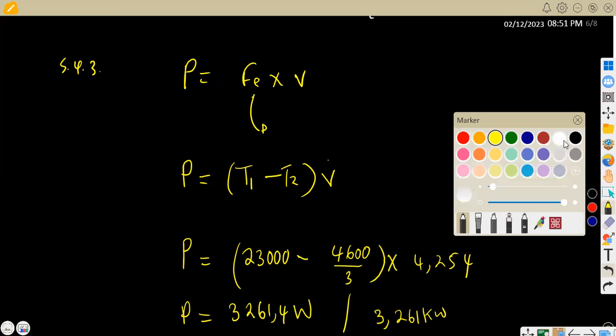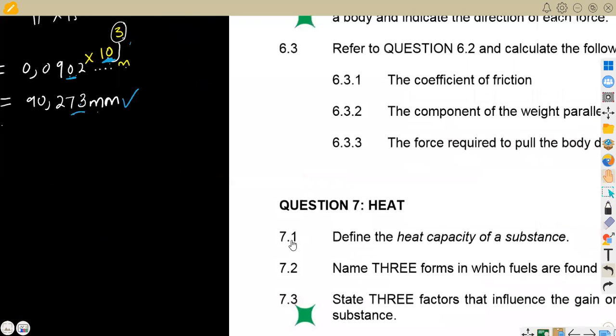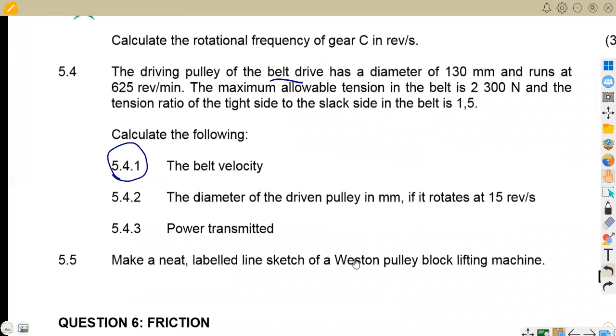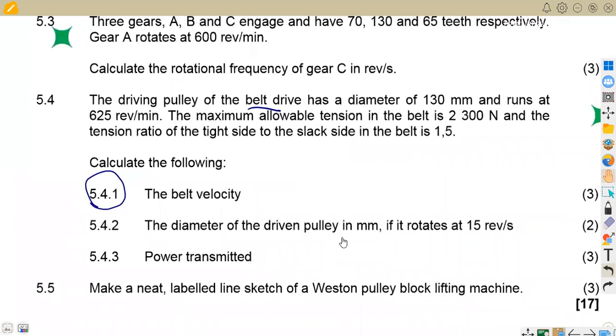So to convert to kilowatts, you multiply by the inverse, which is 10 to the exponent of -3. Your answer is going to be in kilowatts, or you can just leave it like that. If there is an instruction, because sometimes you might be given one. Here the question is just to calculate the power transmitted, so you are not restricted to use watts or kilowatts.